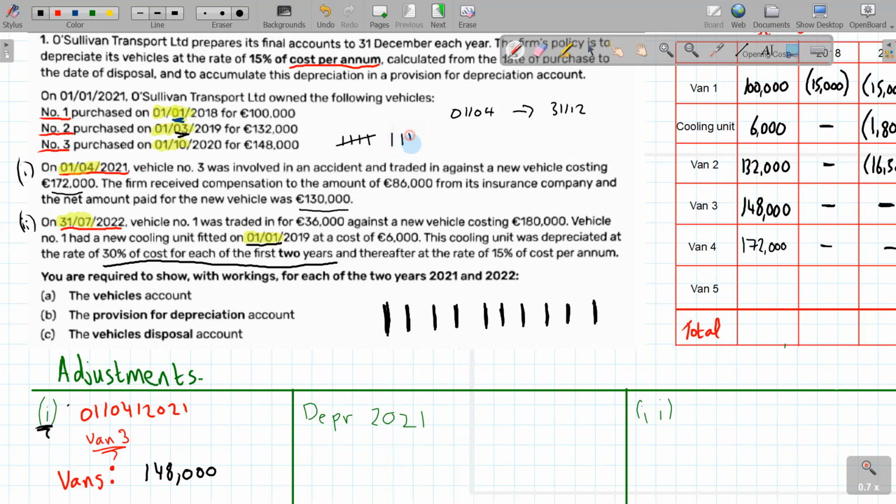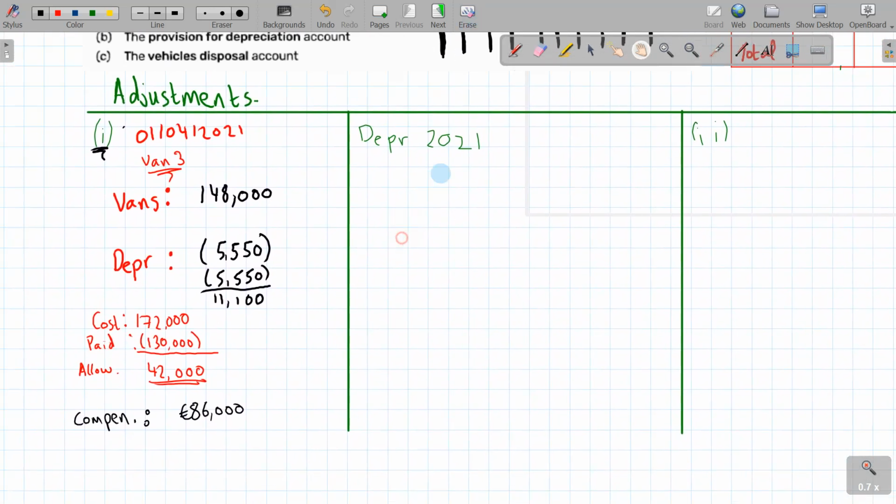September, October, November, December. So 9 months, okay? So we did it for 9 months, 172,000. Okay, so just go back down here.